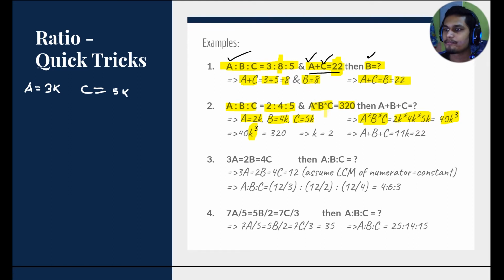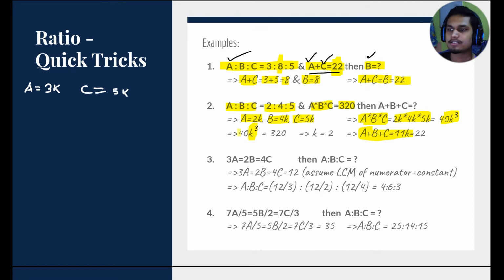But here A into B into C we will get 40K cube, but A plus B plus C we have the value of 11K if we add these three values, right? So if we omit that K, we will omit a K square here, correct? So that will differ the result and we will get the result wrong.